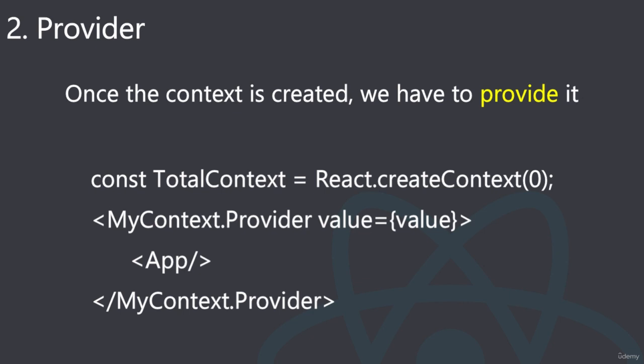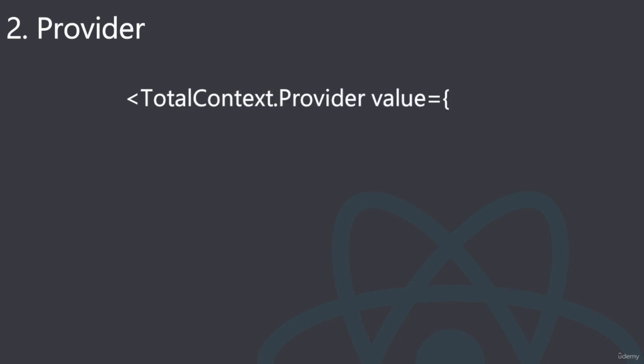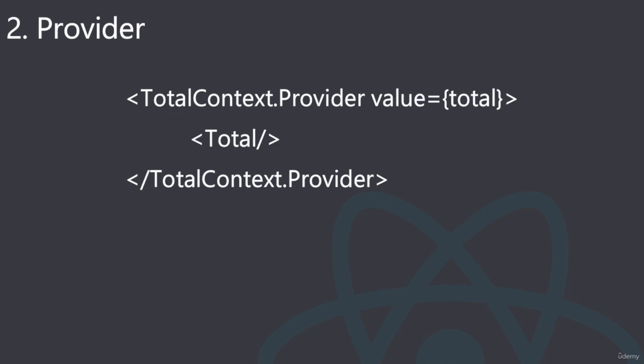Then you have the component which is wrapped by this provider component. In our case, it will be something like this, where we'll have the totalContext.Provider, then the value, and total is the value which we will see in a moment, which resides in the app.js, and total is the component where we want this value to be available.